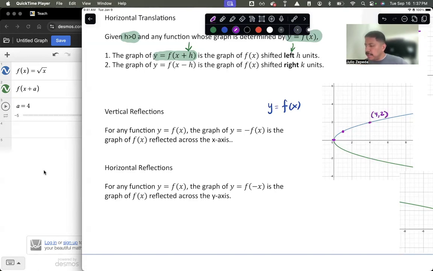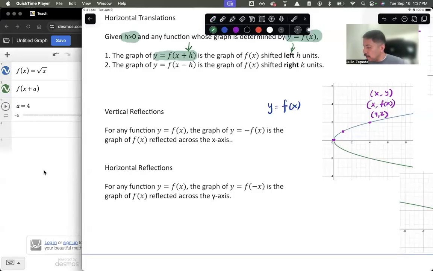And remember, these are x values, and then the output value, sometimes thought of as y values, or f of x values, function values, or values of the function. What we're going to do is write a new function.